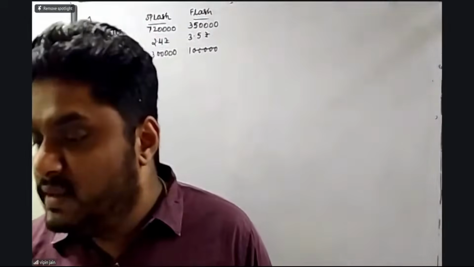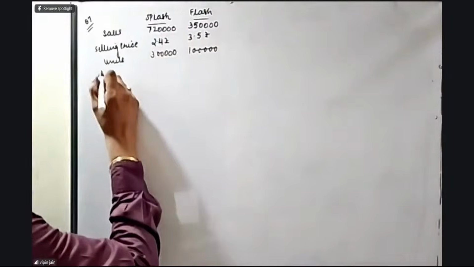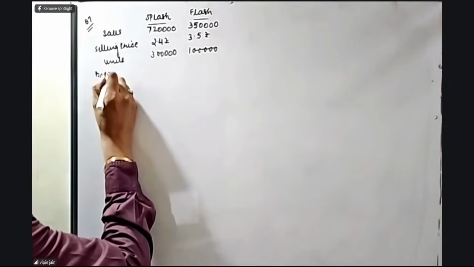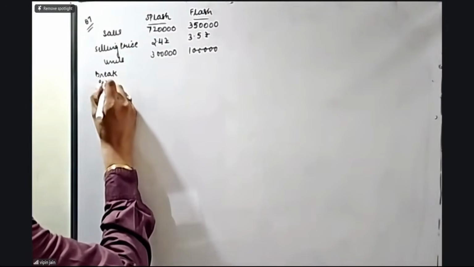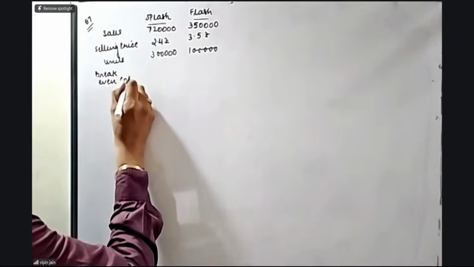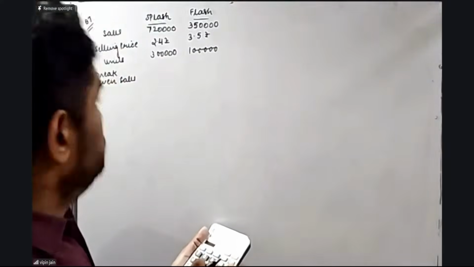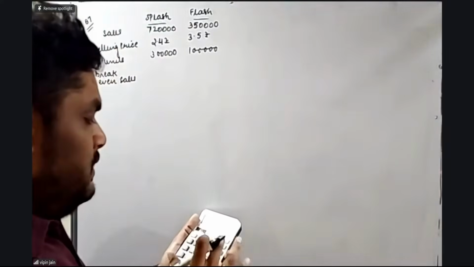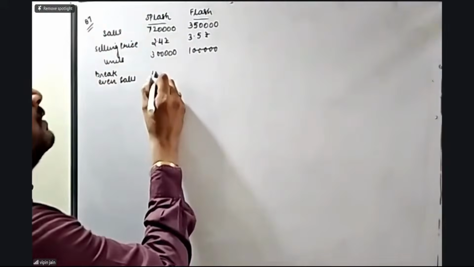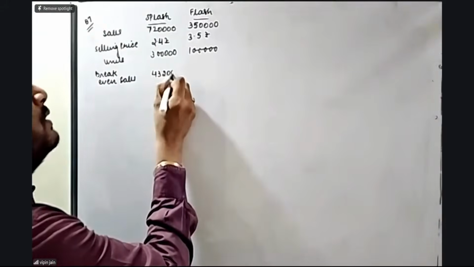Break even is planned at 60% of the total sales of each product. Seven lakh 20,000 is the total sales. So this will be 4 lakh 32,000.